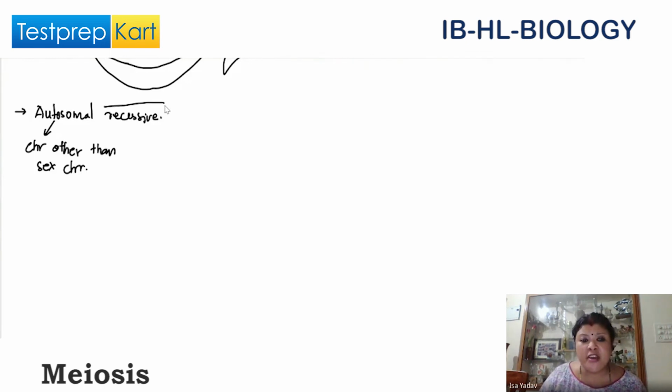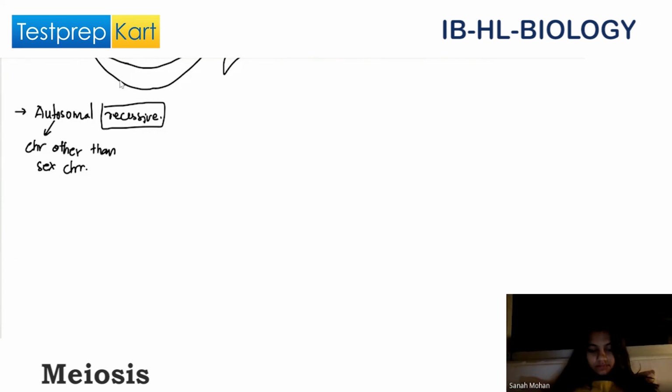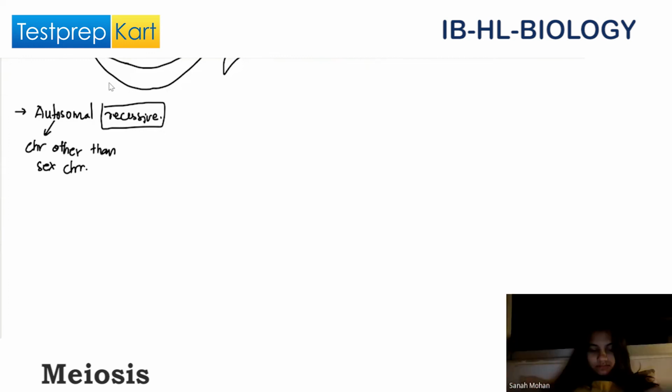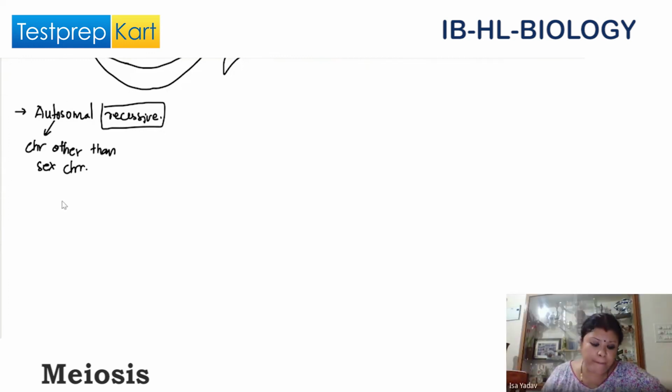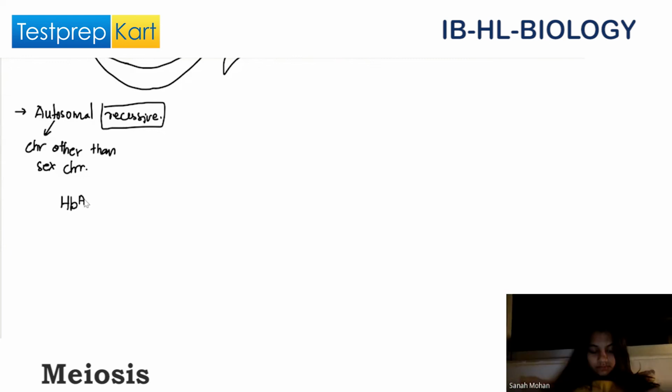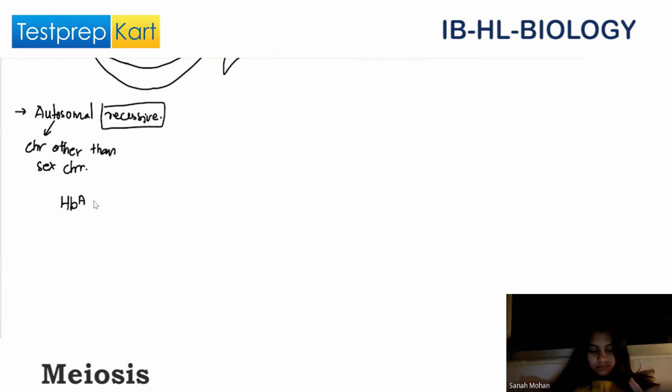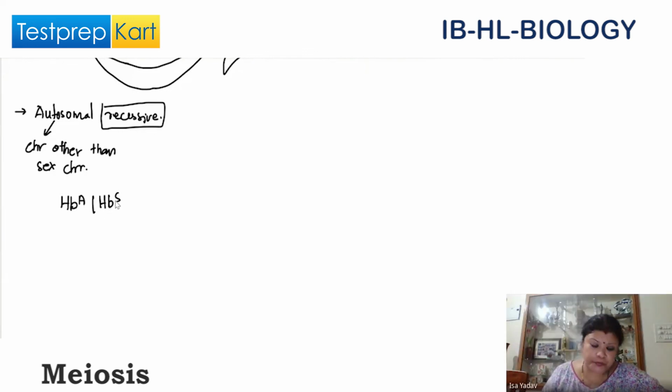And recessive means when it's not able to express itself. Autosomal recessive disorder. So here, it can be HBA and HBS.